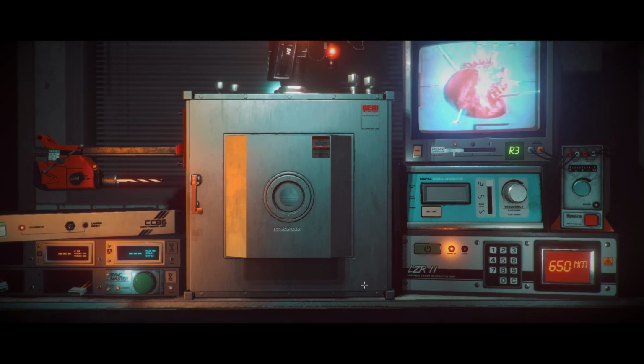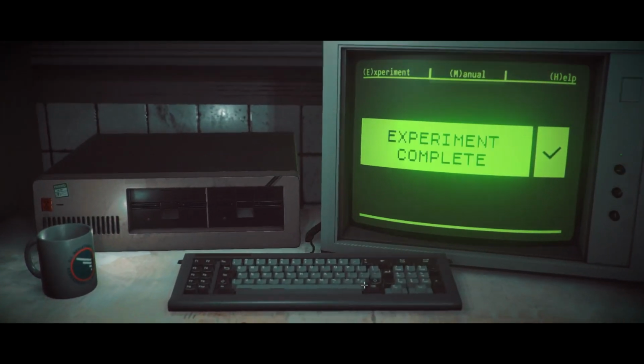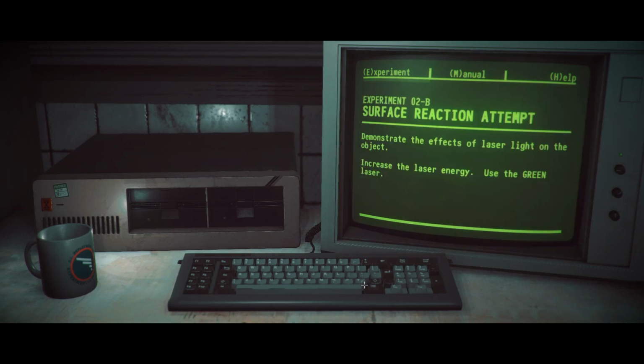No reaction from first stage. Let's try high frequency. Alright, we got that one. Experiment 02-B, surface reaction attempt. Demonstrate the effects of laser light on the object. Increase laser energy. Use the green laser.